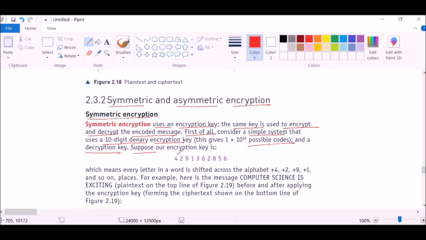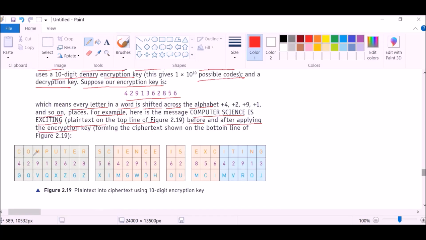Suppose our encryption key is this number, which means every letter in a word is shifted across the alphabet +4, +2, +9, +1, and so on. For example, the text "computer science is exciting" is our plain text.